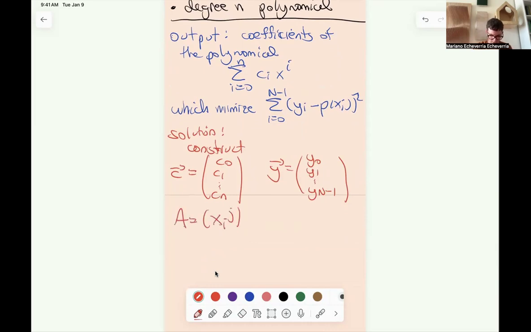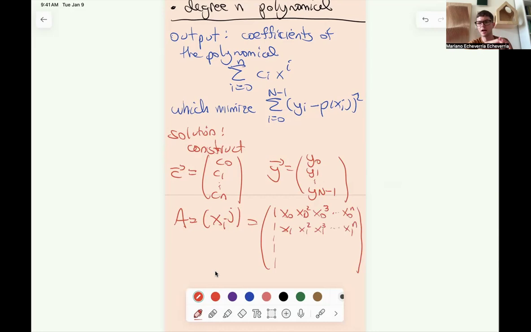x_i to the j, which is going to be 1, 1, 1, then x0, x0 squared, x0 cubed, up to x0 to the n, then x1, x1 squared, x1 cubed, up to x1 to the n.